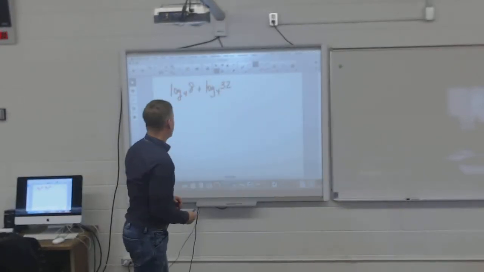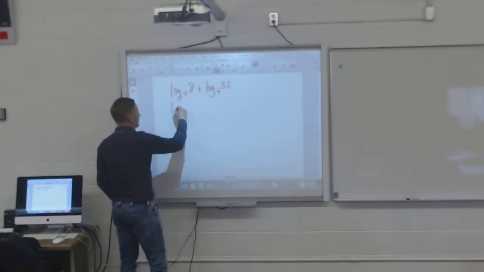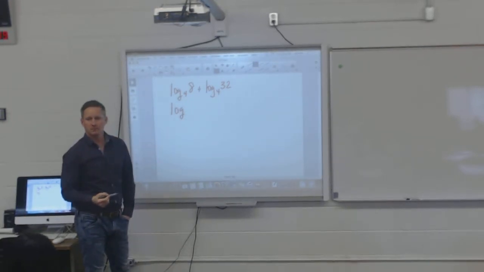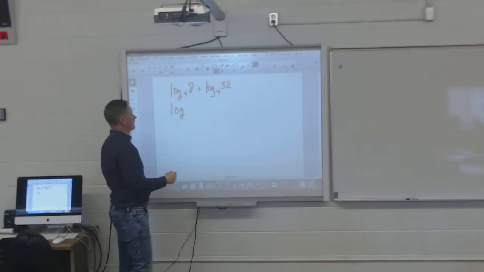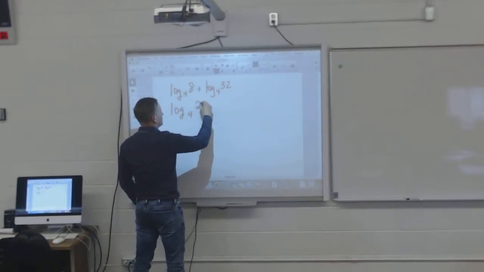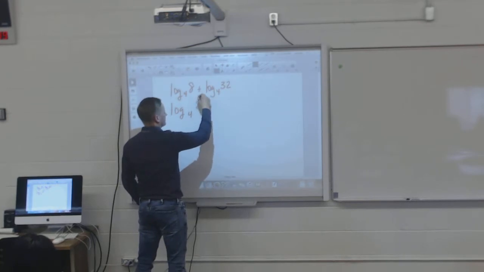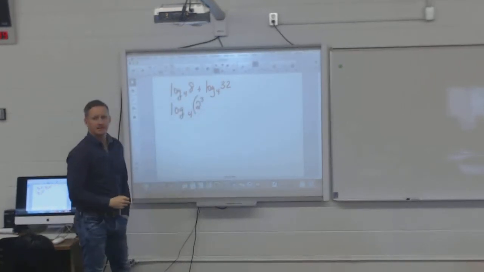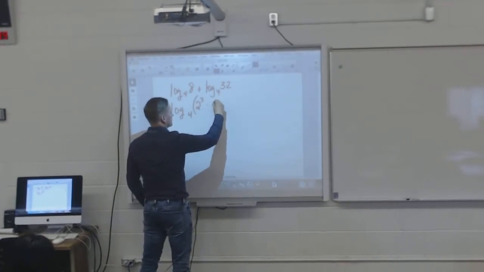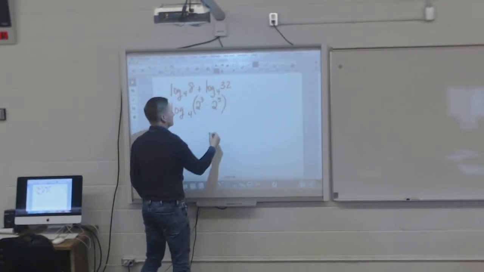So looking at this right now, if I break these both down to the smallest possible, okay? This could break down to 2 cubed, agreed? 8's 2 cubed. What is 32? 2 to the 5.